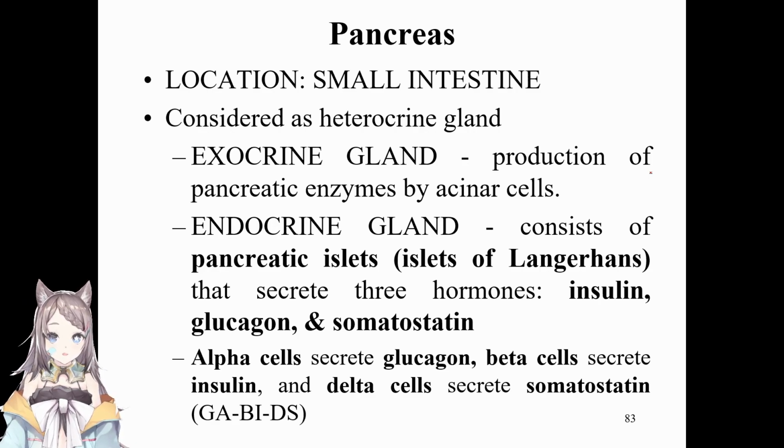It is also an endocrine gland which consists of the pancreatic islets, also called your islets of Langerhans. These secrete your insulin, glucagon, and somatostatin. Alpha cells secrete glucagon, beta cells secrete insulin, and delta cells secrete somatostatin.